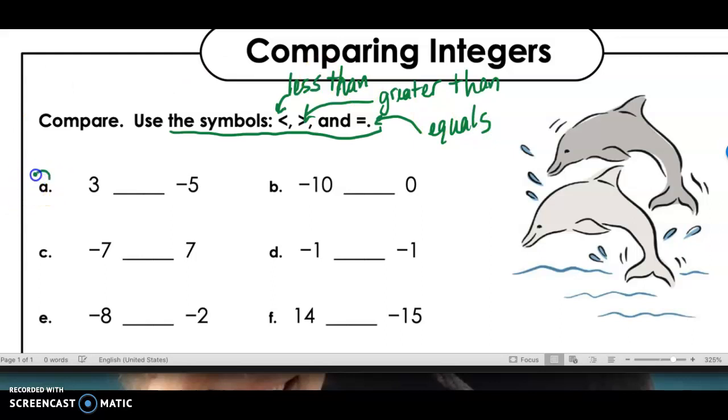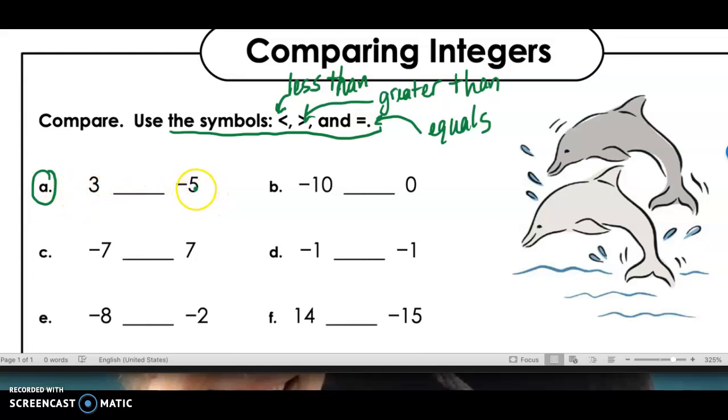When we look at problem A, they want us to say, is 3 less than -5? Is it greater than -5? Or does it equal -5? There's a couple of different ways we can do this. Obviously if it was just 3 and 5, you would tell me 3 is less than 5.